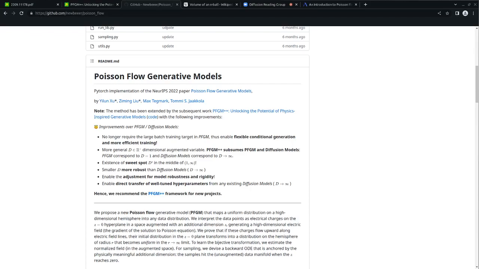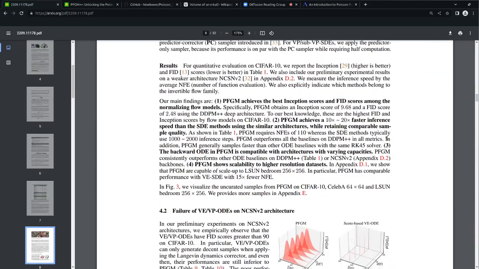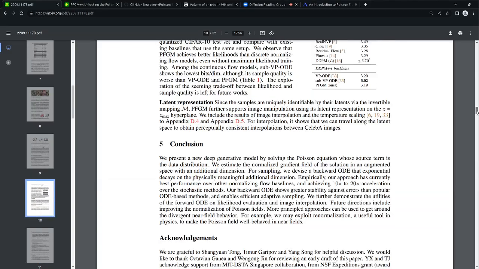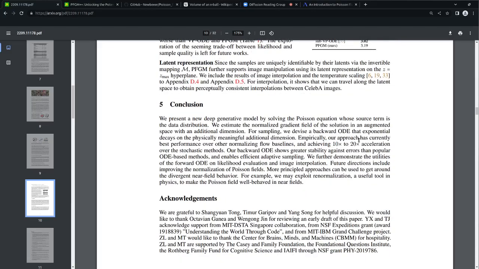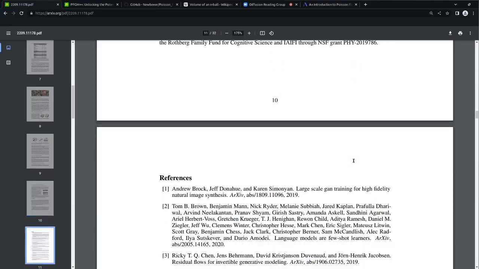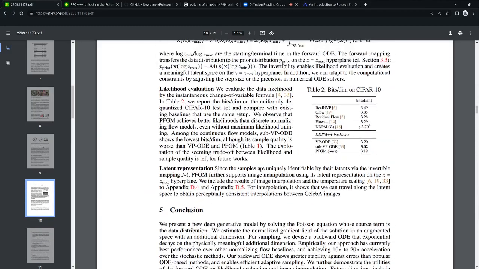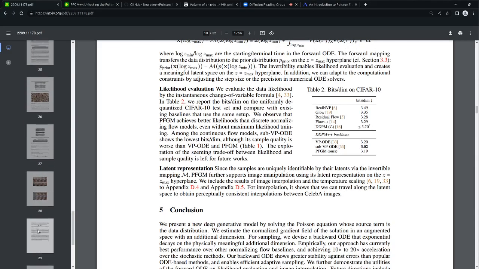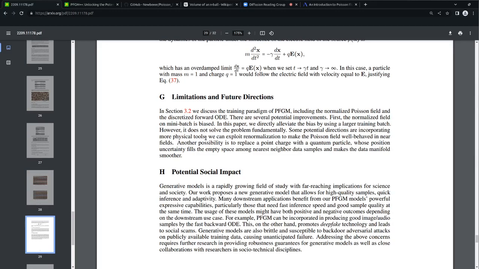Yeah, now that I remember, at the end of the paper they mention some future work. Sorry, I think it's just the conclusion. Nope, wait. Limitations, I think that's at the end actually. Limitations and future directions.